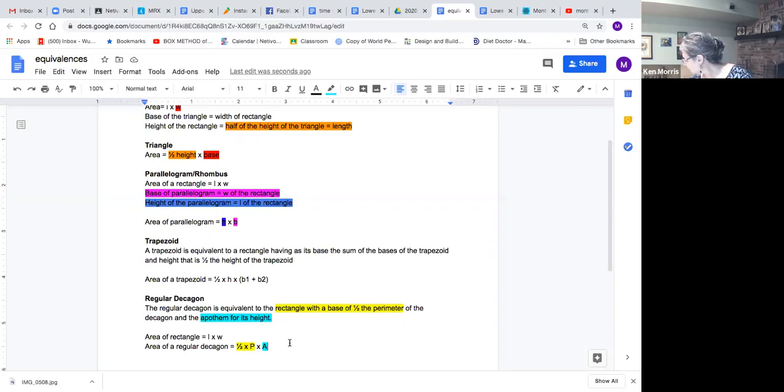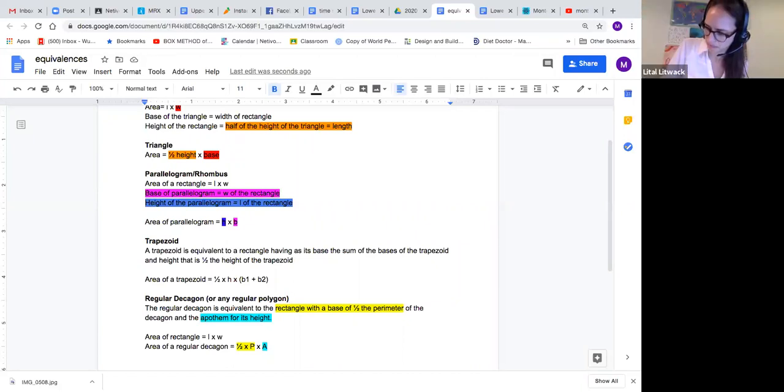So I think the next one is, and just know that this applies, let me just say here, regular decagon or any regular polygon. And you could do the same thing with the pentagon, she never went back to the pentagon. You could do the same thing with the pentagon or any regular polygon.